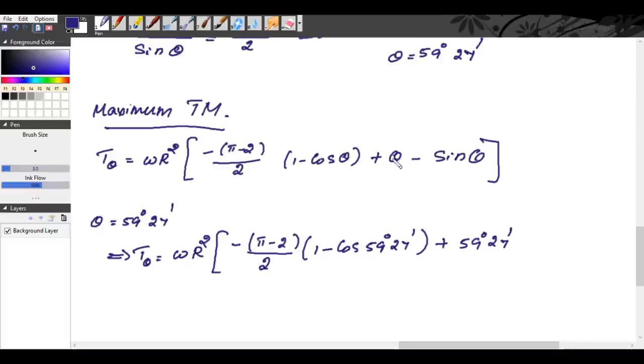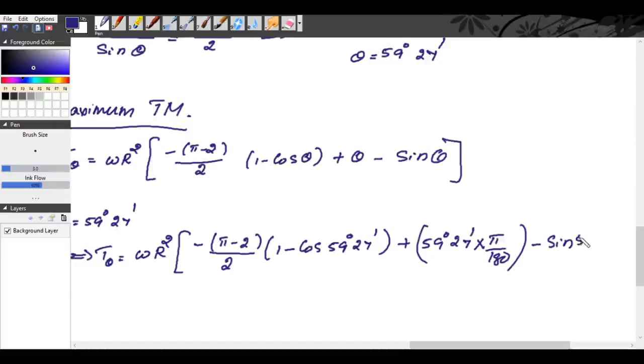When you are substituting theta here, you have to convert it into radians, so multiply it by pi by 180, minus sin 59 degree 27 minutes. So we get T maximum, and T maximum is equal to minus 0.1043 WR square.